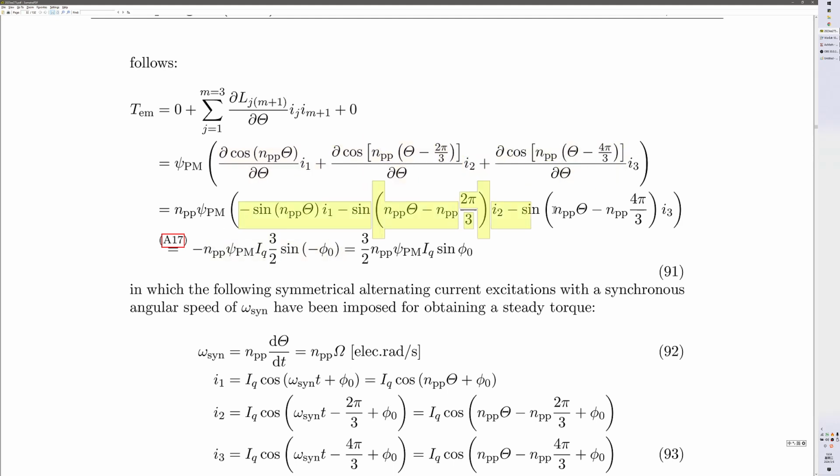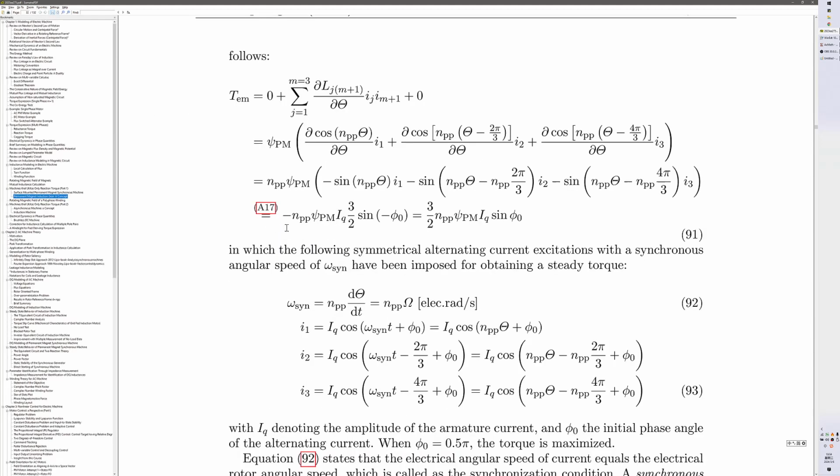There's some trigonometry identities we can apply to simplify this expression. The sum of these three sine functions that are evenly spaced in the air gap can be reduced to this result.